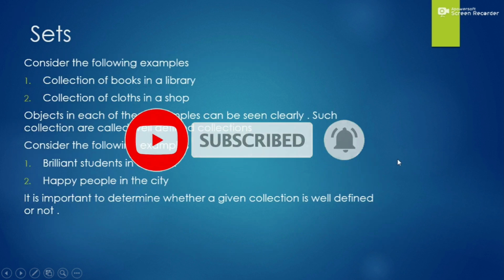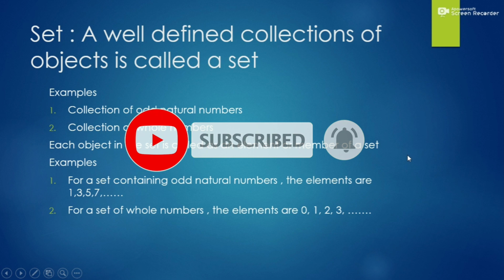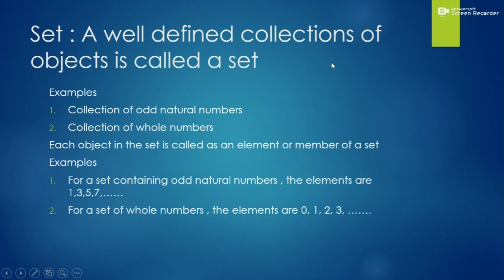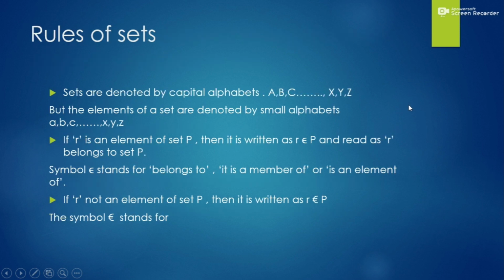Here is an overview. A set is a well-defined collection of objects. This was already done in the previous video. Then, a collection of sets is either well defined or not well defined. Rules of sets, that means properties of sets: sets are denoted by capital letters, and elements of the sets are denoted by small alphabets.